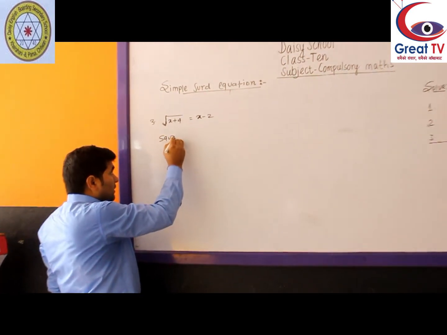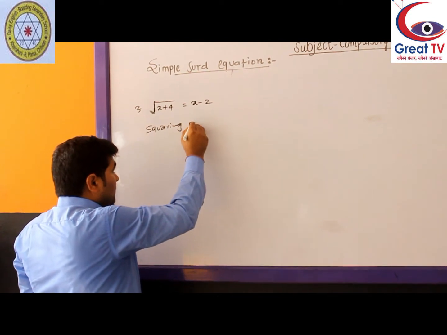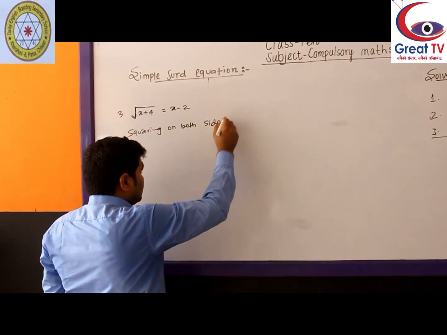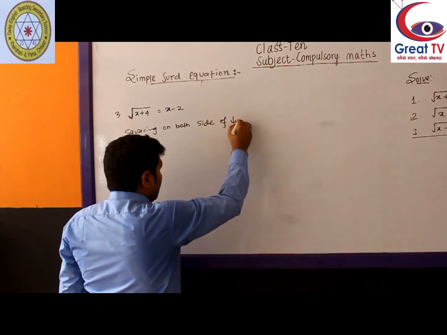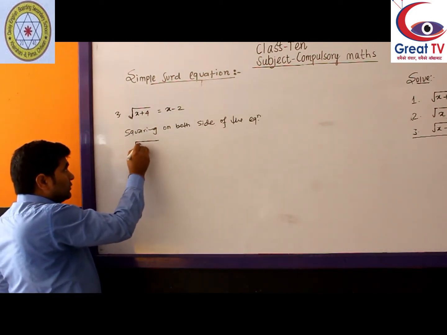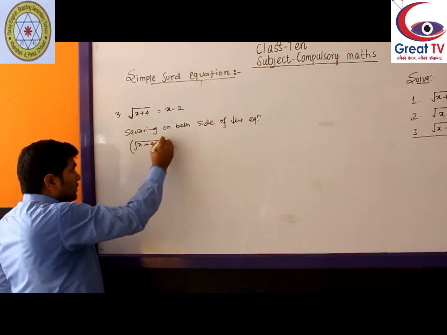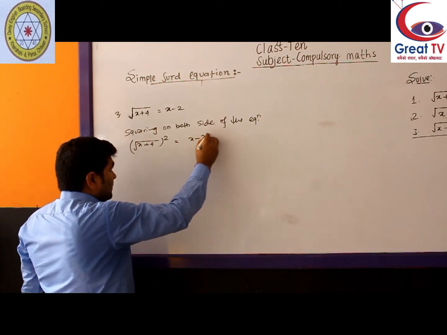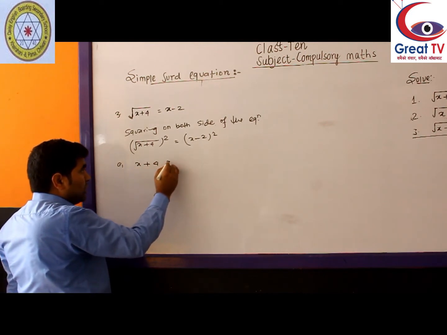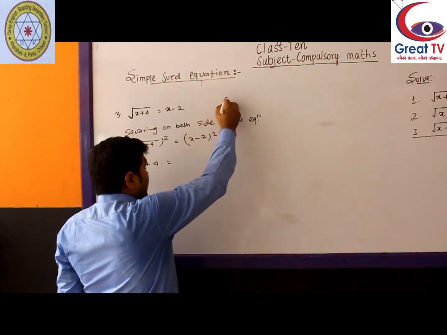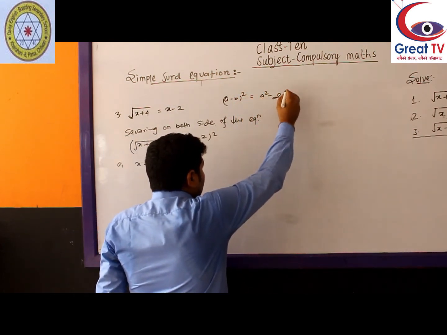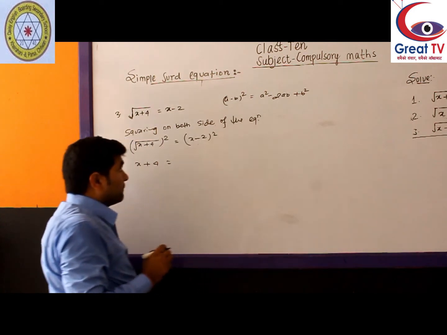So squaring on both sides of the equation: root under x plus 4 whole square equal to x minus 2 whole square, or x plus 4 equal to... now expand using the formula a minus b whole square equal to a square minus 2ab plus b square.